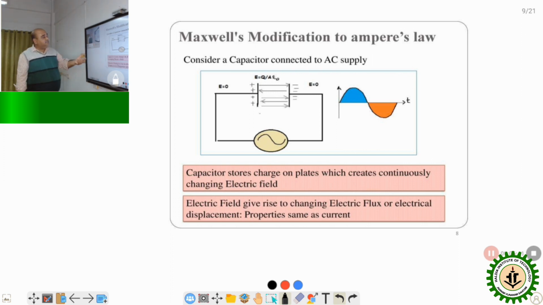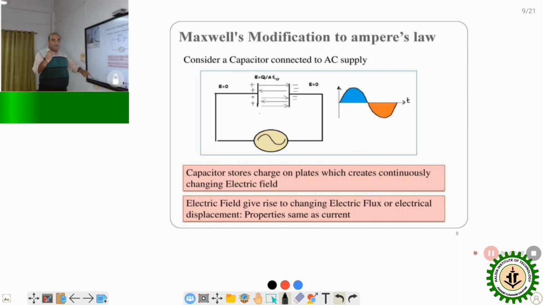Again when the cycle changes, there is a displacement of charges. In the next cycle, here again negative charge, here again positive charges are formed. This goes on continuously. So this changing electric flux or the changing electric charges gives rise to a time varying field.